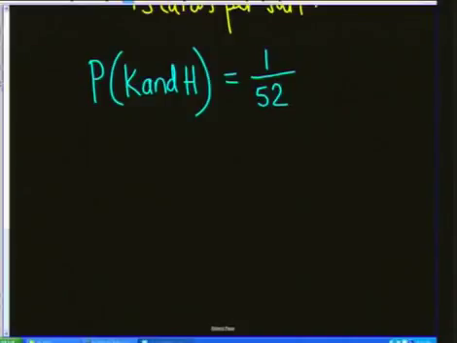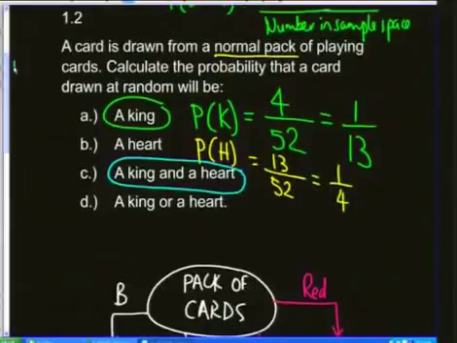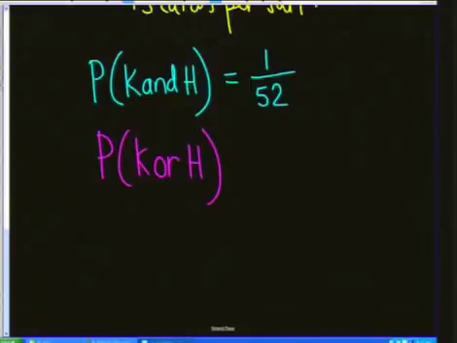Okay, so now we want to look at a king or a heart. Okay, so it's a king or a heart. We know that if you want the union of the two, it's going to be the probability of having a king plus the probability of us getting a heart.